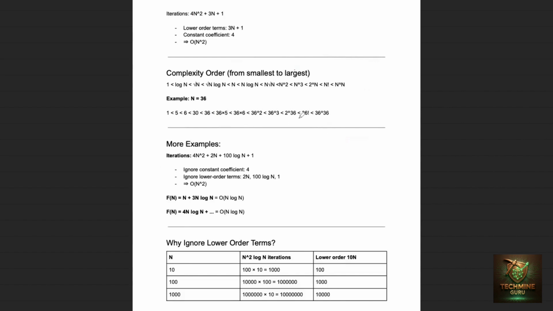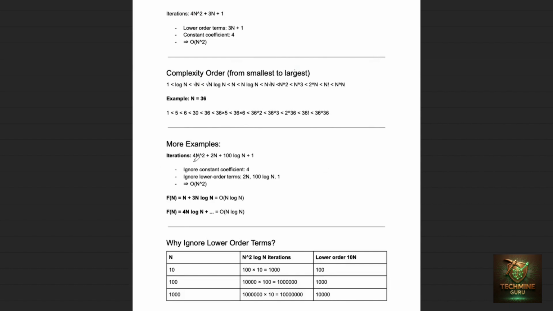In a similar fashion, 2 to the power 36 is lesser than 36 factorial, which means 36 into 35 into 34 till we reach 1, which is a very large number, which is again smaller than 36 to the power 36. So with this example, we can understand that this ordering is correct. And to memorize this ordering, we need to just remember that log n is smaller than root n. That's it. So let's come back to this example again.